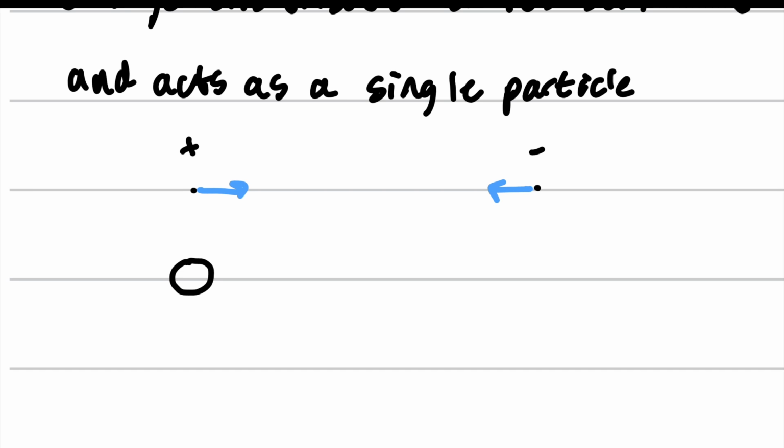These two particles right here have the same magnitude of charge. Would it act any different? The answer is no. That's kind of an inaccurate representation because I drew it much bigger, but they're going to have the same force.